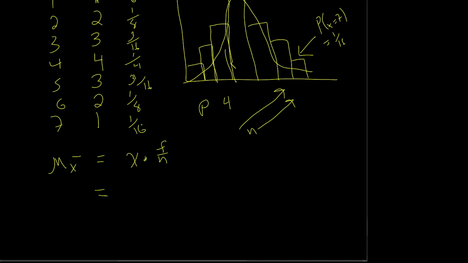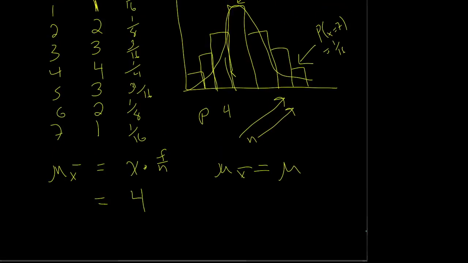And so I have 1 times 1/16 plus 2 times 1/8. And when we add all of these up, we get 4, which is what our theory said, that those two should be the same.